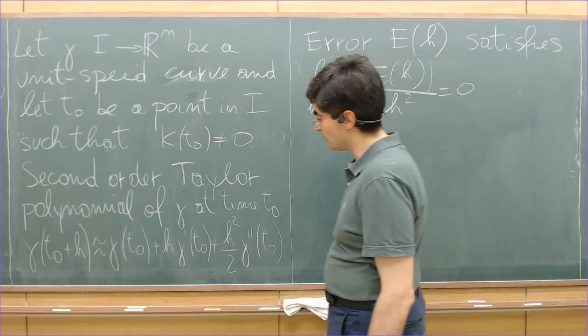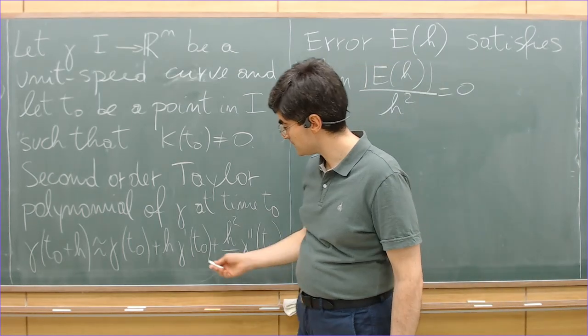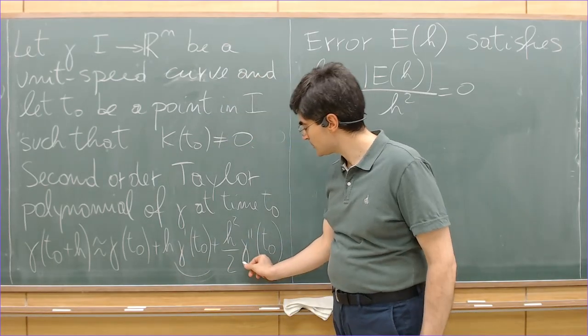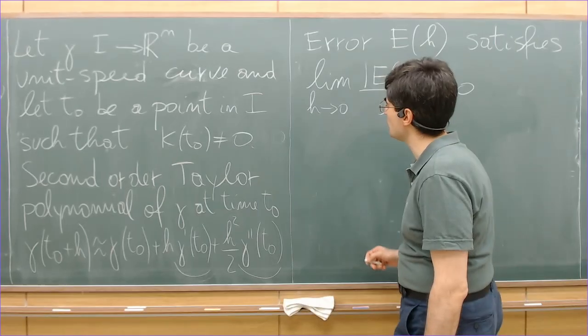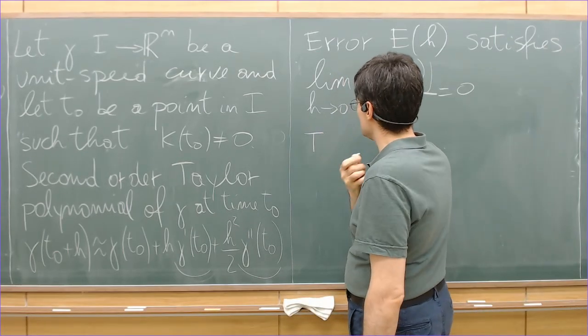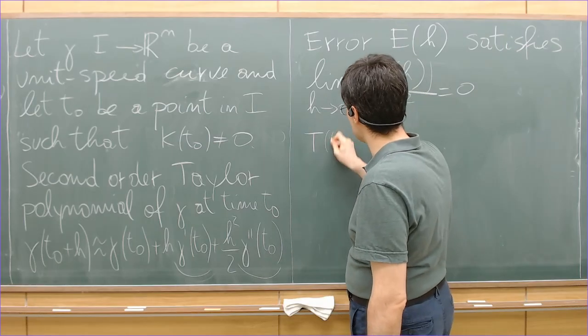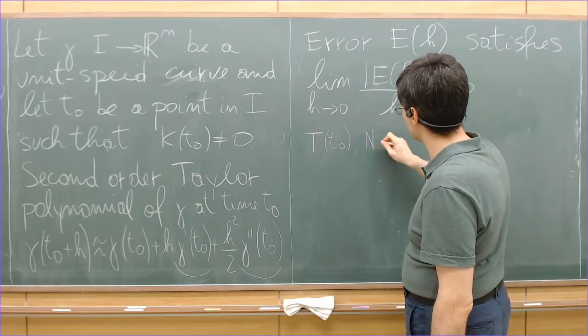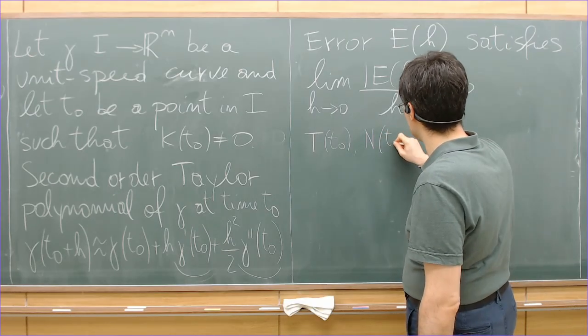Now let's think a moment and try to write down these two vectors in terms of the unit tangent vector T at t0 and the unit normal vector N at t0.